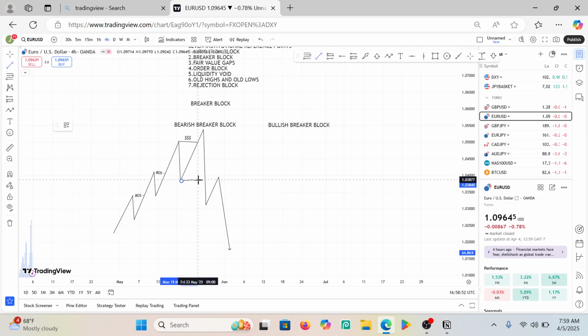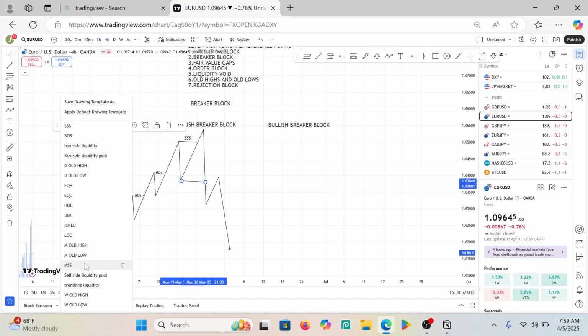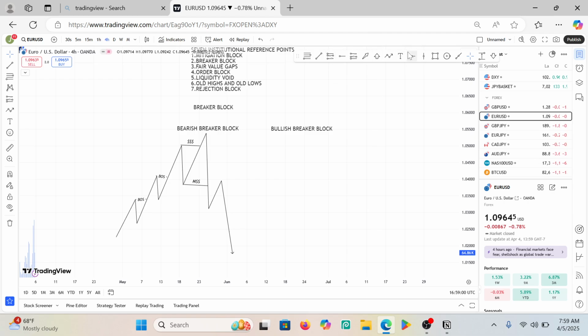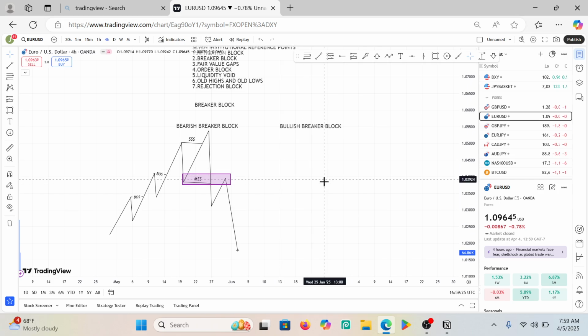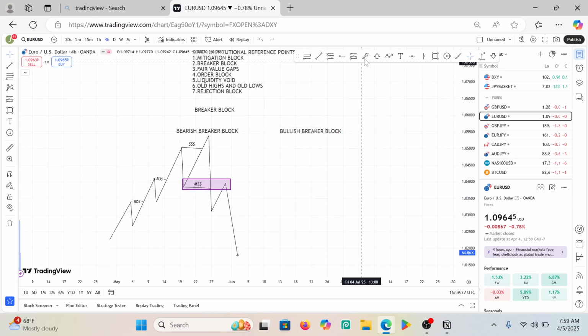The market changed direction and reversed. After the market structure shift, this was a valid order block, but the market mitigated it and traded below. After trading below it, it forms a bearish breaker block.